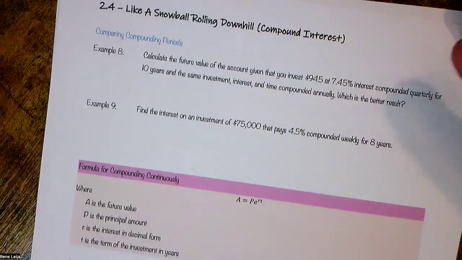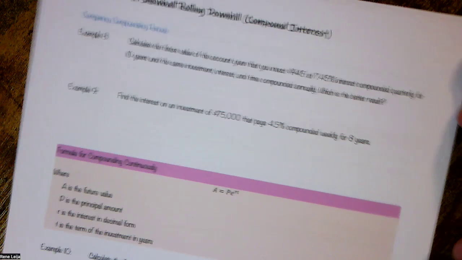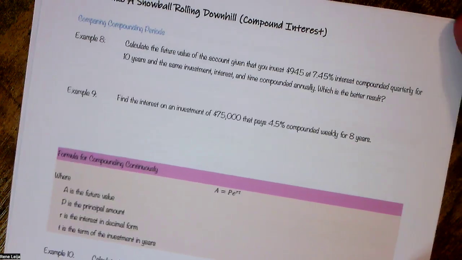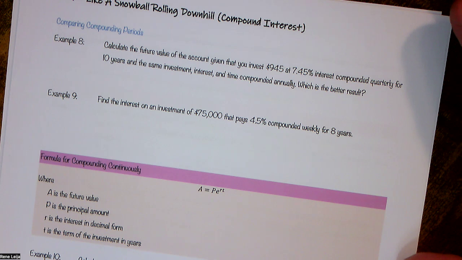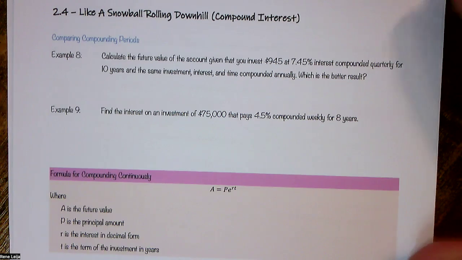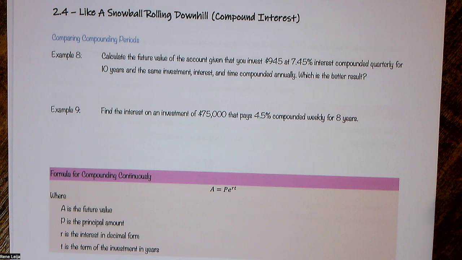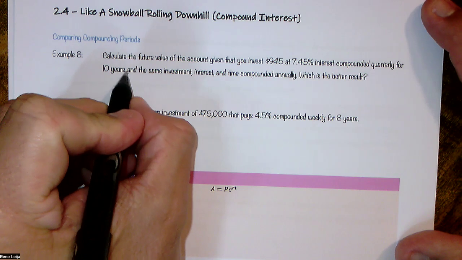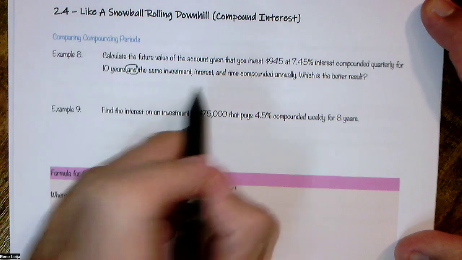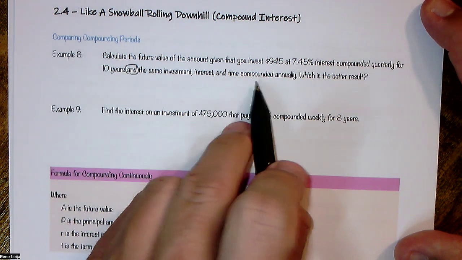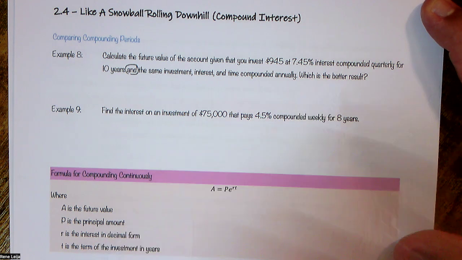So it says calculate the future value of the account given that you invest $945 at 7.45% interest compounded quarterly for 10 years. And the same investment, interest, and time compounded annually, which is the better result.